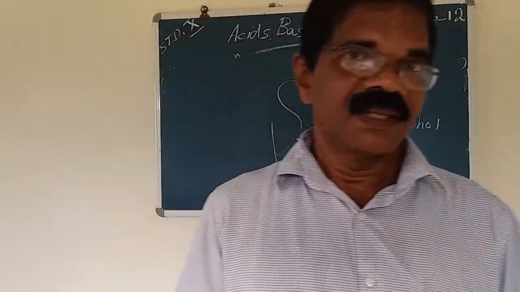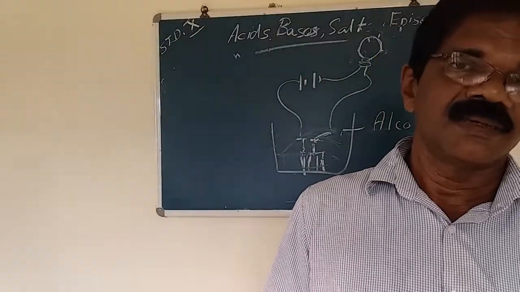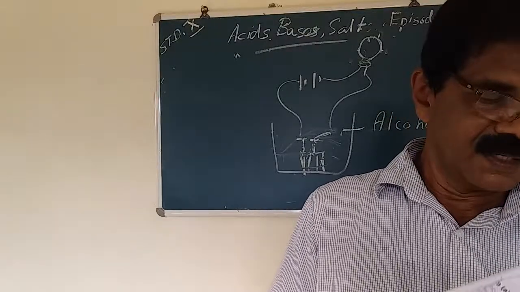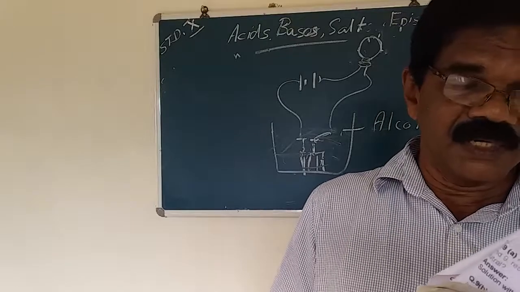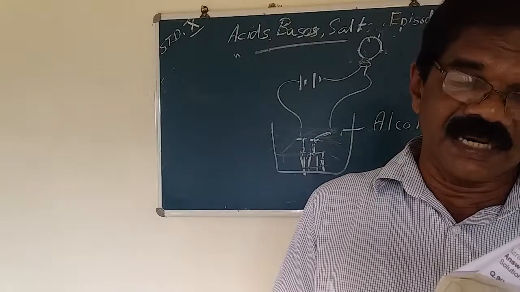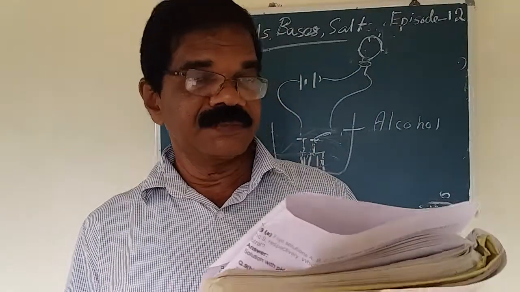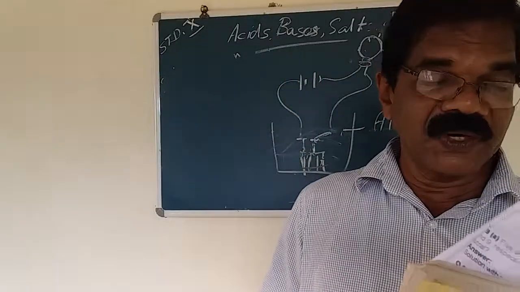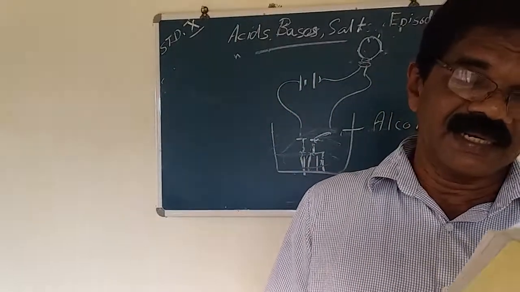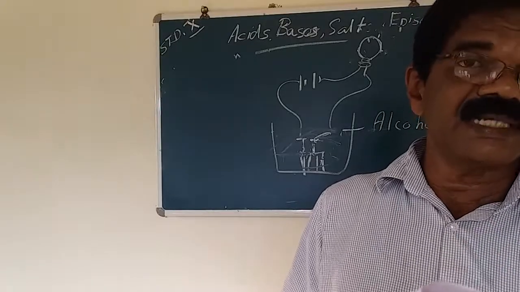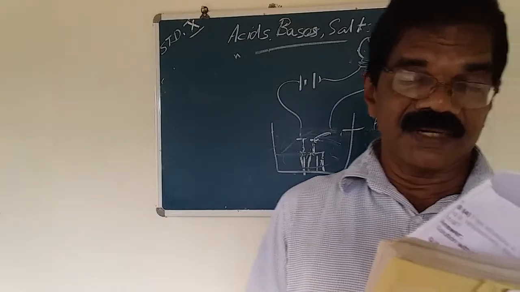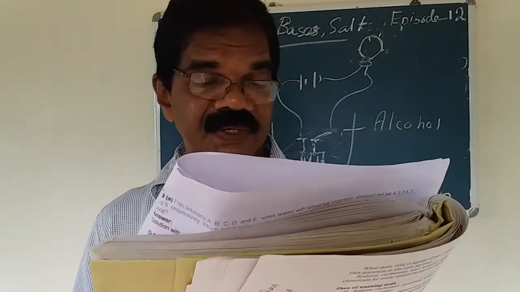From this activity, we can conclude that all acids contain hydrogen, but not all compounds containing hydrogen are acids. Please note the point. That is why compounds like alcohol and glucose, which contain hydrogen, are not categorized as acids.